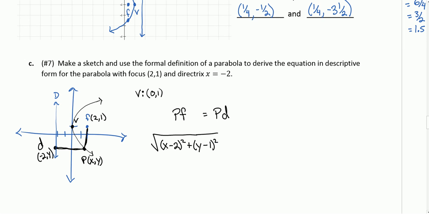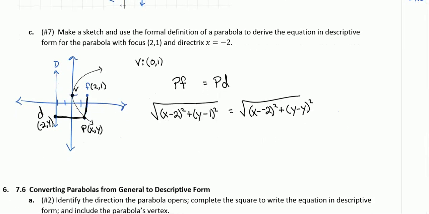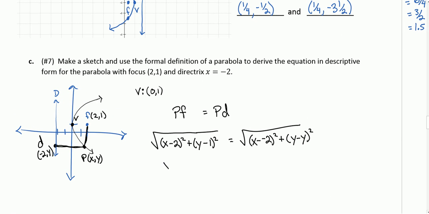So that represents the distance from point P to F. And that's going to equal the distance from P to D, so x minus negative 2 squared plus y minus y squared. So we work this out. Square both sides. You get x minus 2 squared plus y minus 1 squared is equal to x plus 2 squared plus 0. Right, that's gone.